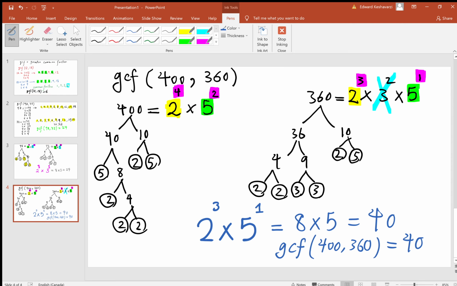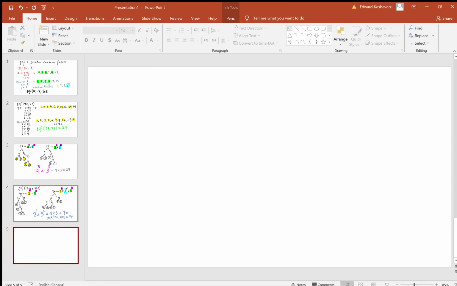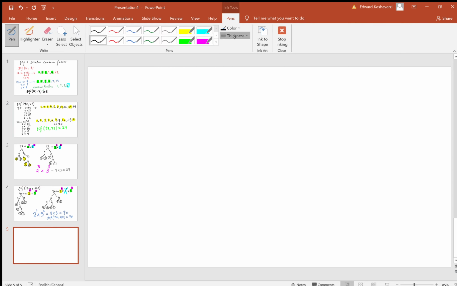Okay, so likewise, we can find LCM of two numbers with these methods. First, I'm going to find the LCM of two small numbers, but before that, we need to see what L, C, and M stand for.